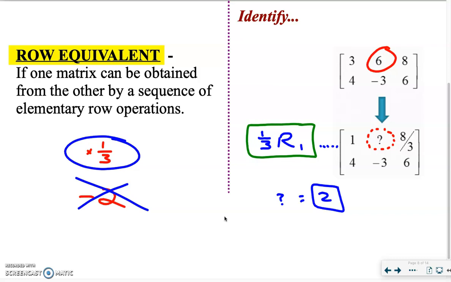That might seem really simple, but as these problems progress, we're going to have to do that with more than 1 or 2 of these elements. We're going to have to do that with 9, 12, depending on the size of the order of the matrix.